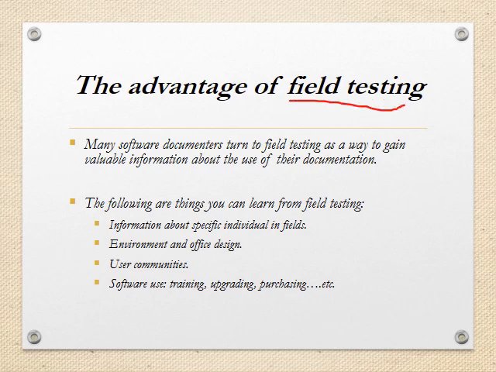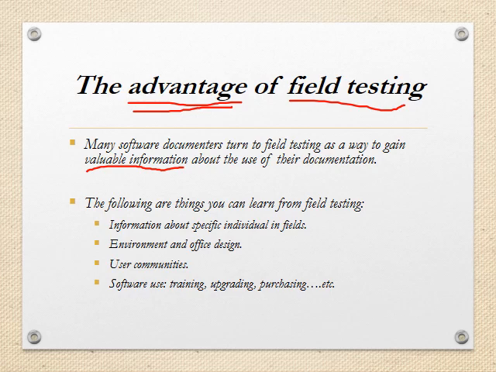Now, what are the advantages of field testing? Many software companies turn to field testing as a way to gain valuable information about the use of their documentation, because when we test, we take the material to the actual user and gather data on the effectiveness of the user document.